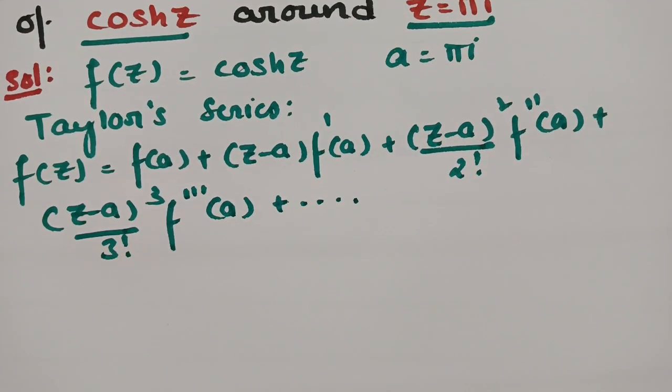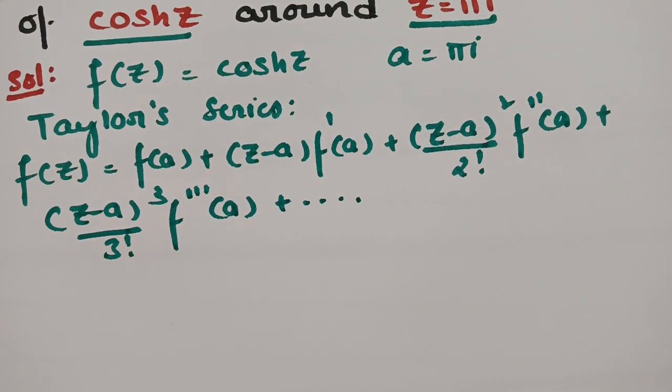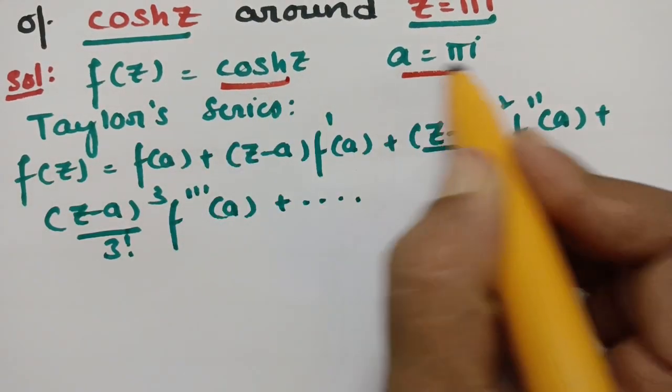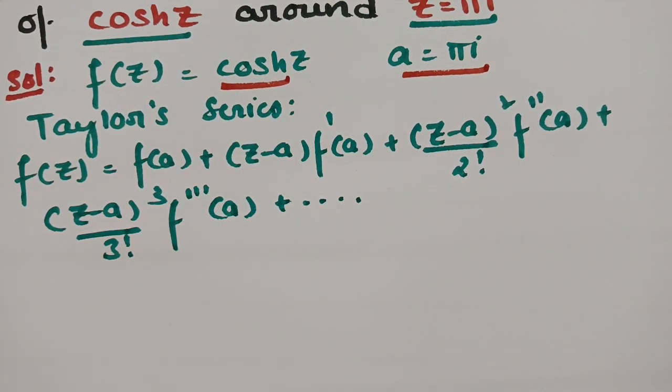Now if I substitute f of z as cos hz, and in place of a as pi I, see what happens here.